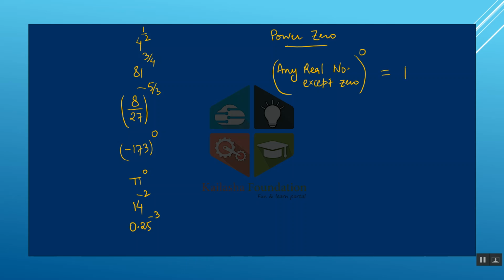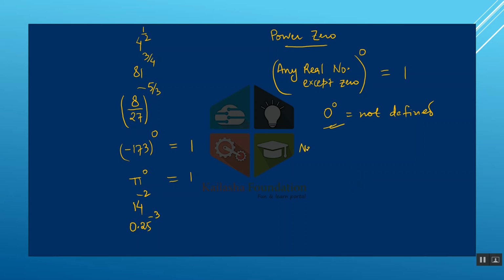Any real number except 0 raised to the power 0 is 1. So pi is an irrational number. Rational, irrational, both are real. So real number power 0 is 1. This is also 1. Only 0 raised to the power 0 is not defined. Okay. 0 raised to the power 0 is not defined. That you have to keep in mind.